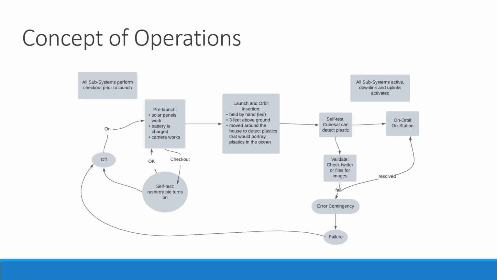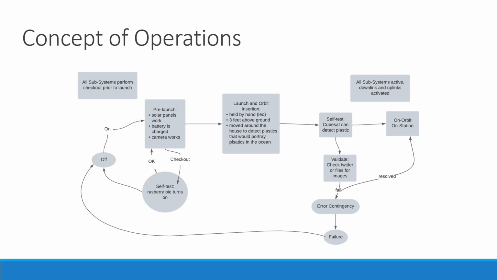We will then move on to the self-test phase. We will see if the CubeSat can detect plastic. To validate this, we have coded it so that once it detects a plastic, it takes a picture of it and uploads it onto Twitter, onto an account that we've made.